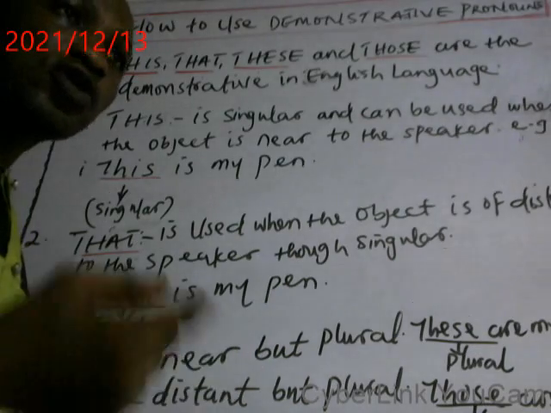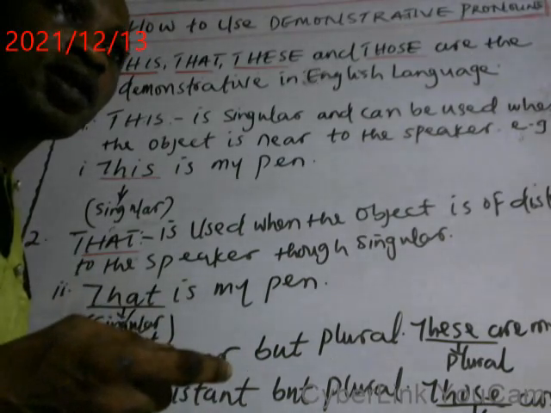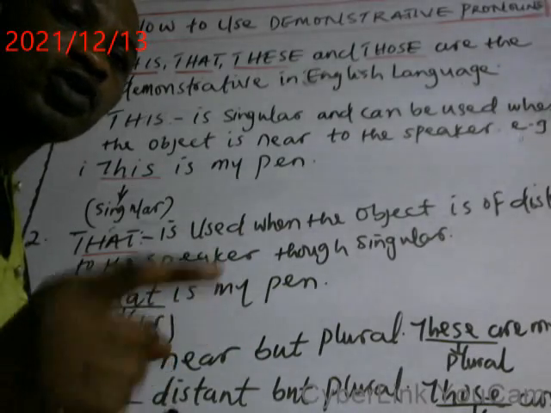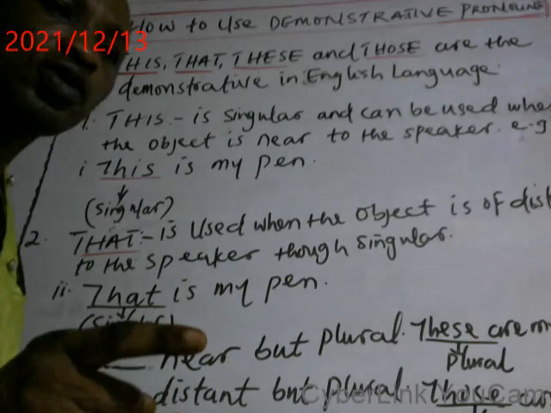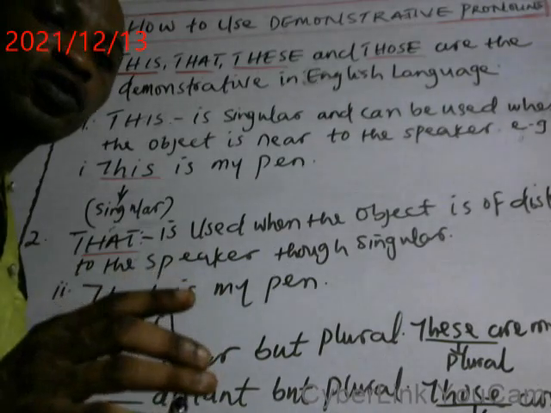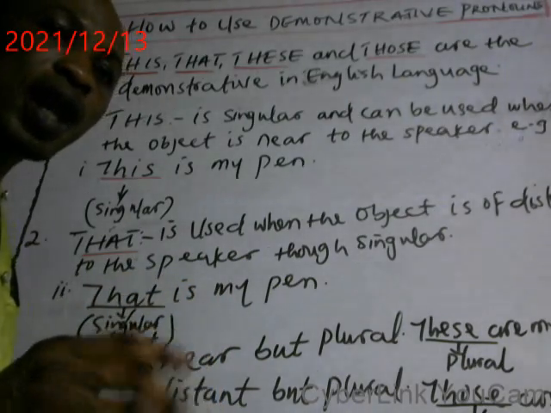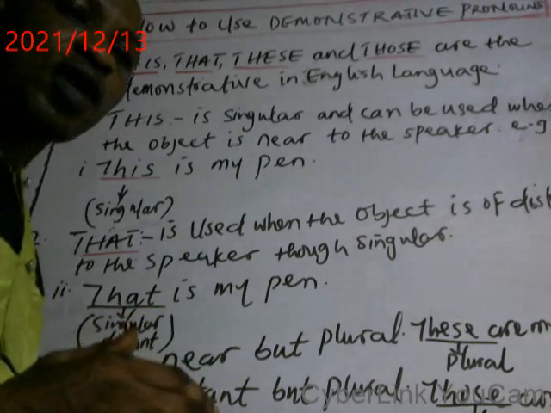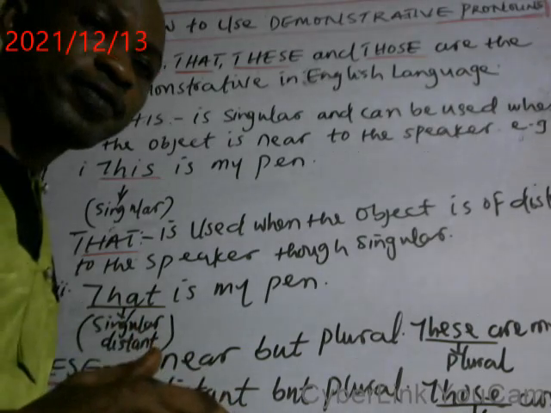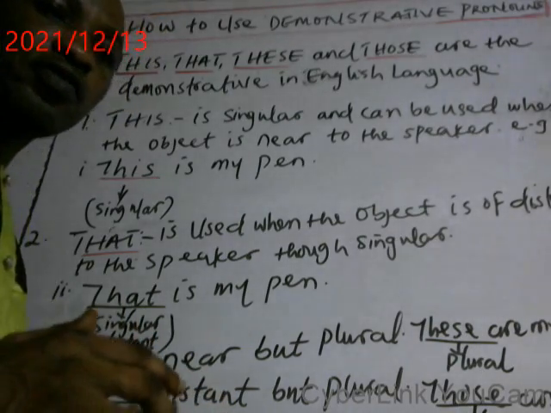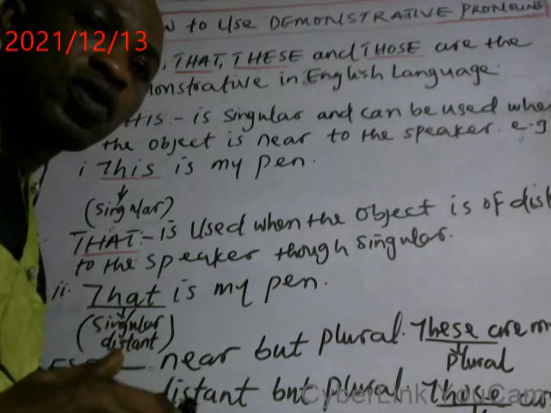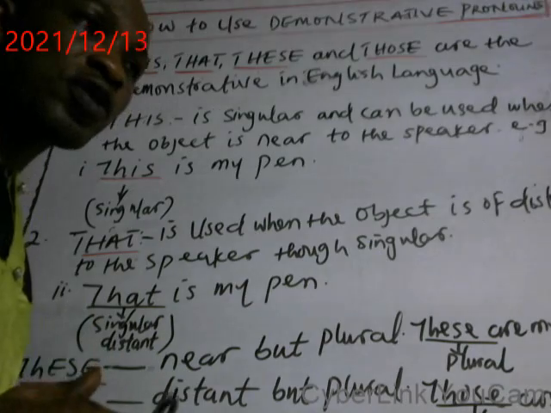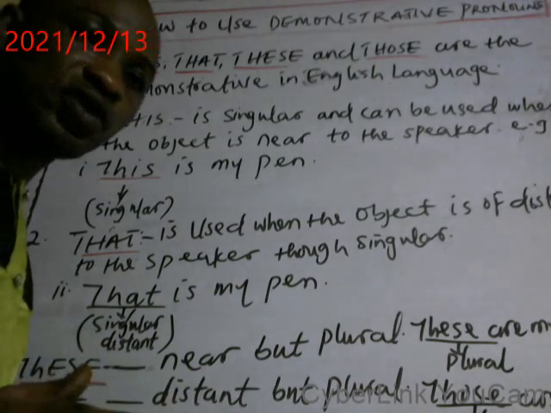Now, let us go back and see in context, in practical, how to use each of these demonstrative pronouns. Like I said before, demonstrative pronouns can either be singular or plural, and they can also be used based on the distance of the objects, because they make reference to the object.